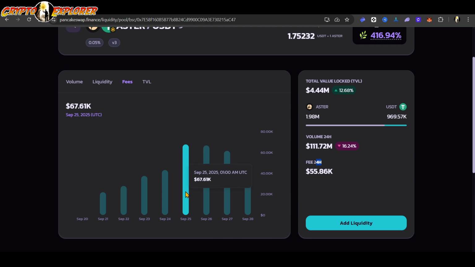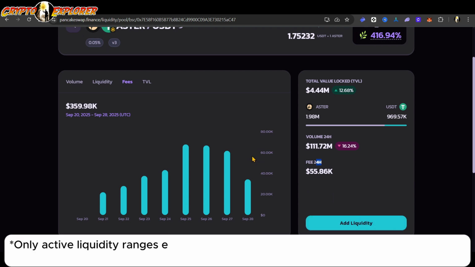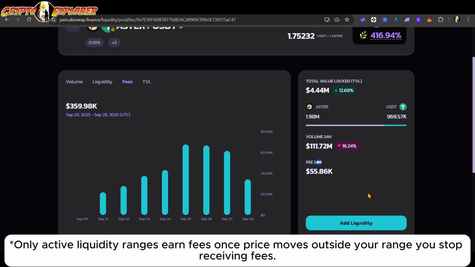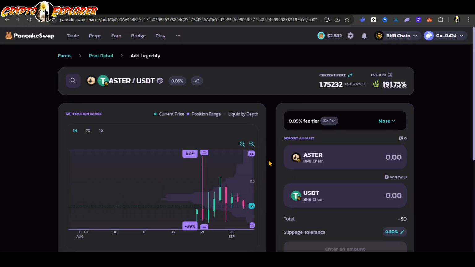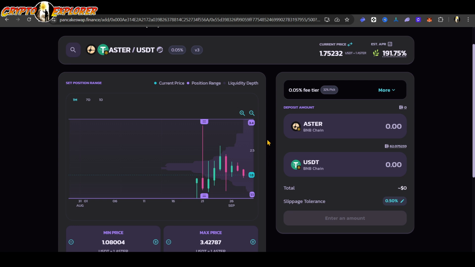So on September 25th, the highest fee generating day, it went over $67,000 in fees, which, if you are a complete beginner, they are going to pay out to everyone who is adding liquidity to the pool. Depending on how much you added to the pool, you will have a proportional share of the fees that the pool generated, okay?